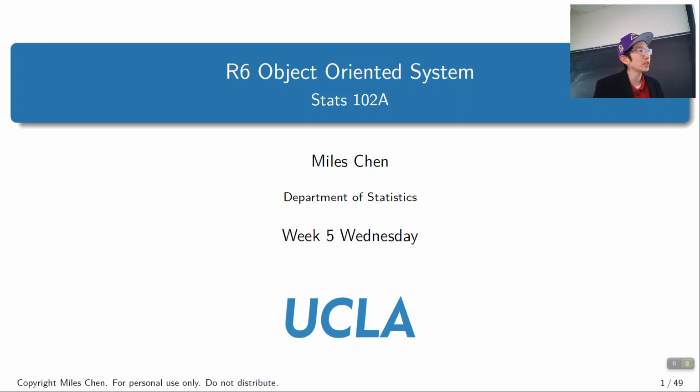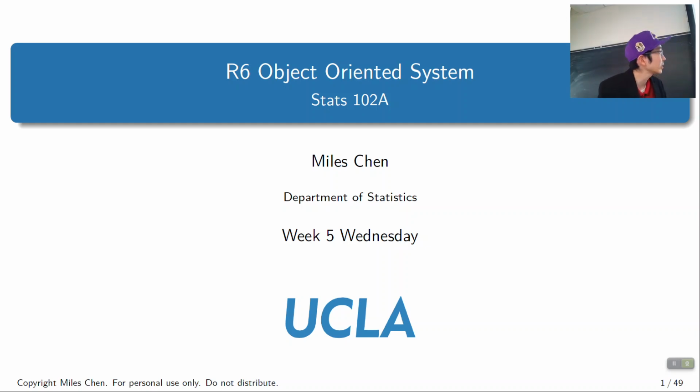On Monday, we introduced S3 as one of the object-oriented systems in R. I didn't cover every single slide, but please make sure you read through the slides in that lecture and familiarize yourself with the content there.